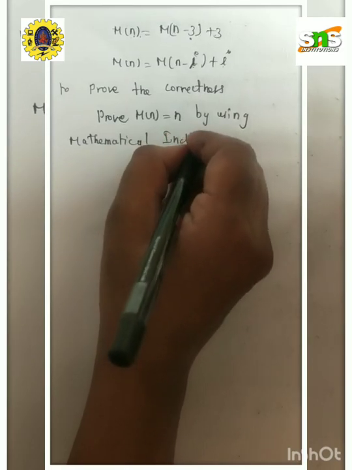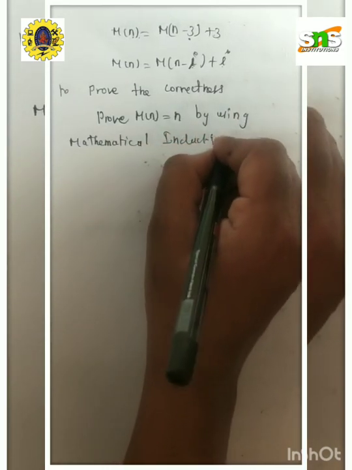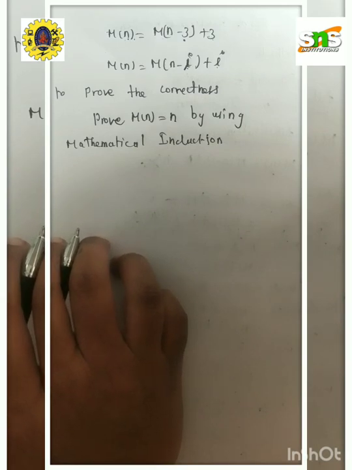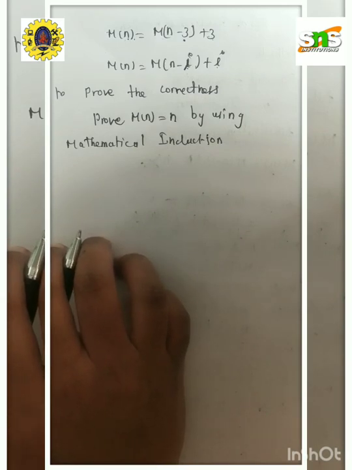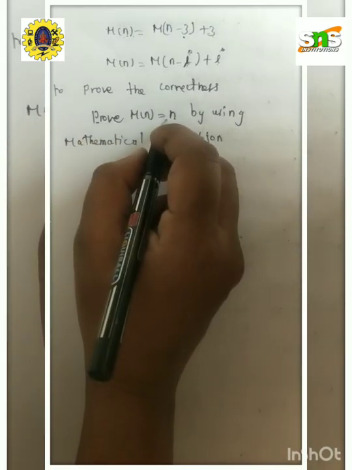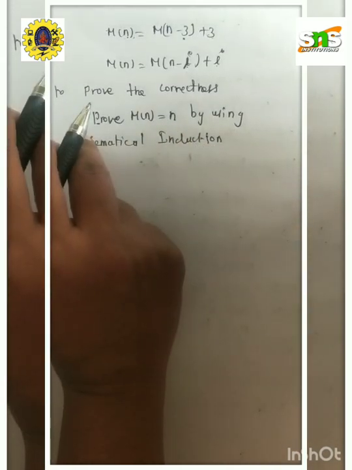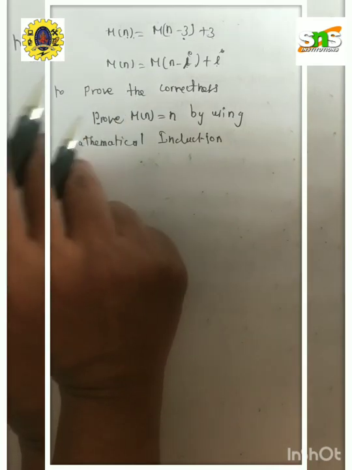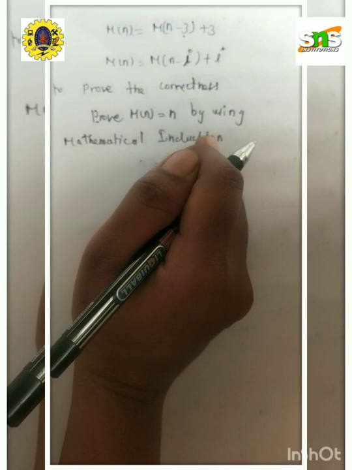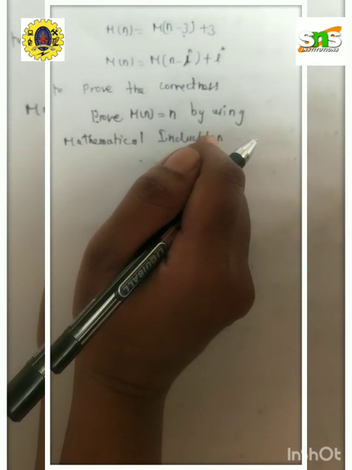See, in the previous lecture we discussed the fundamentals of algorithm problem solving, right? In the fundamentals of algorithm problem solving, there is a fourth step called prove correctness, and the fifth step is called proving correctness. So for proving correctness, we are using mathematical induction. So for that only we are doing these calculations.